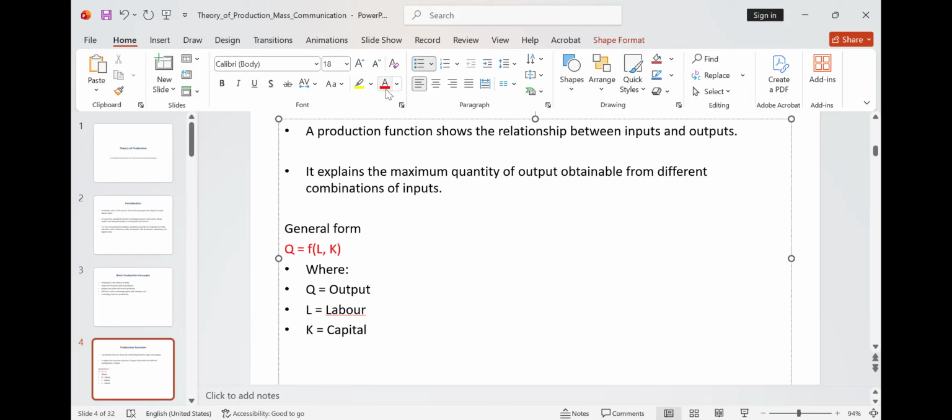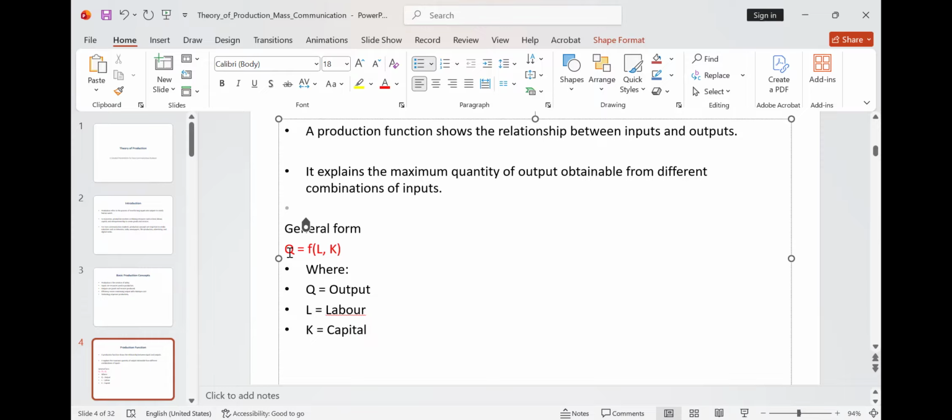It's a function of K and L, where Q is output, L is labor, and K is capital. This is a production function. The meaning is that Q, the output produced, depends on the amount of labor and capital used in production.